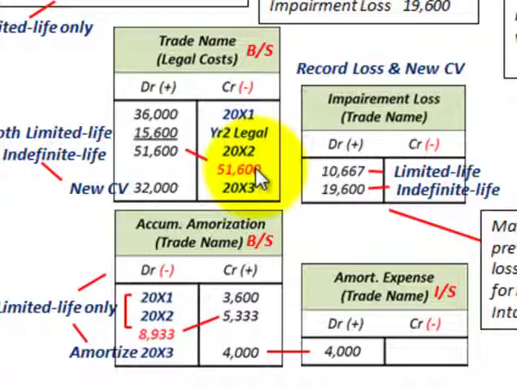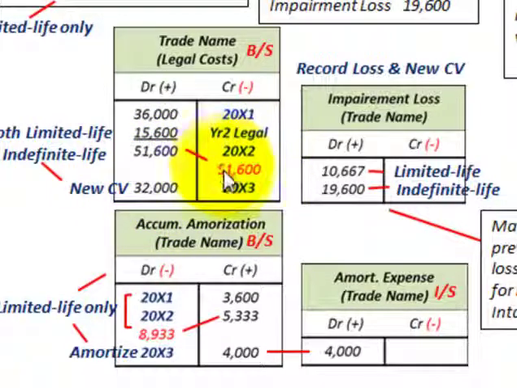Now if we go down and look at the second situation, with an indefinite life, where we would have had an impairment loss of $19,600, that balances with a debit of $19,600 plus the debit of our new carrying value of $32,000.